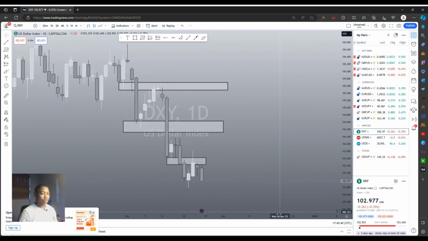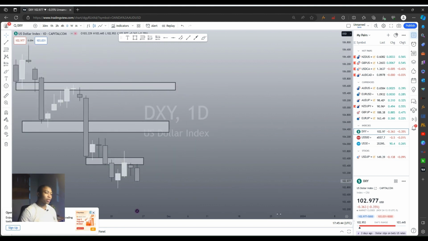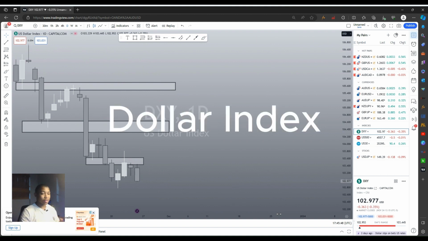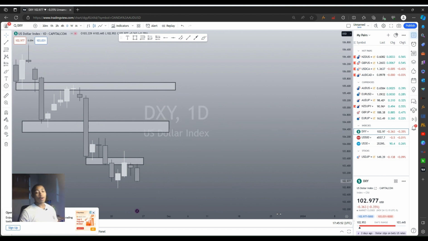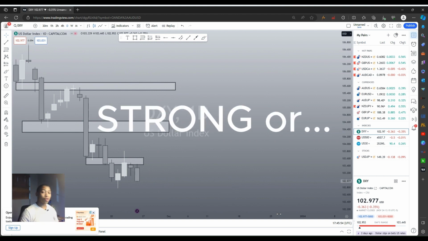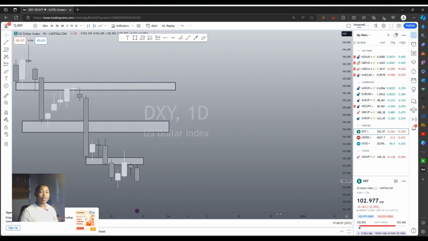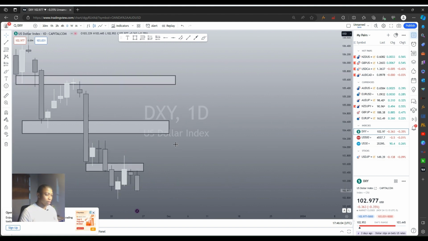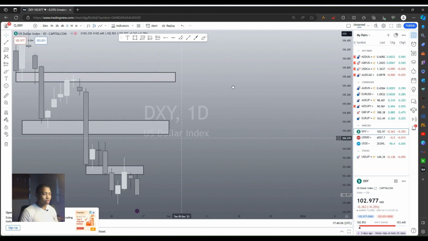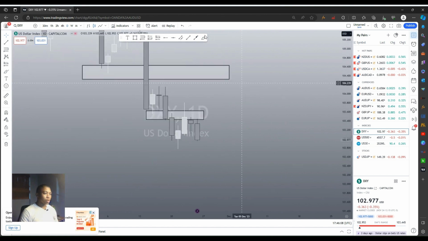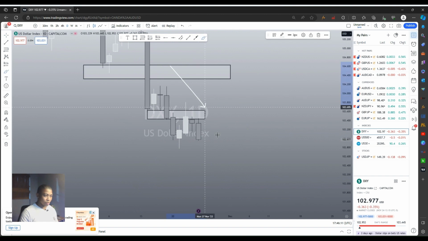Anyway, so looking at the DXY, which is the dollar index, and if you do not know what the DXY is, as I've just said, it's the dollar index. It basically tracks the movement of the dollar, whether it's strong or weak, and we analyze it each and every week because we trade pairs that correlate to the dollar. Okay, so now looking at the DXY and what happened, the DXY continues to drop, going further and further downwards.